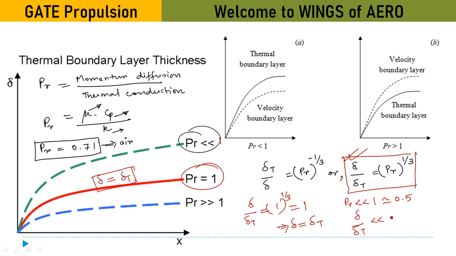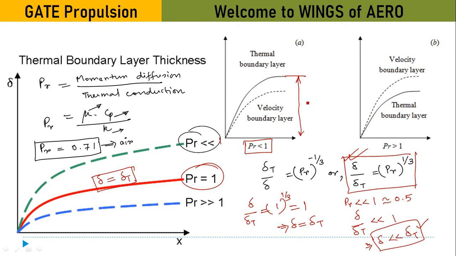Now which one is the greater one? The thermal boundary layer. Now look at this figure here, figure A. At the condition Prandtl number less than 1, the thermal boundary layer is much bigger as compared with the velocity or the laminar boundary layer, right? You can come to this conclusion from this particular formula.